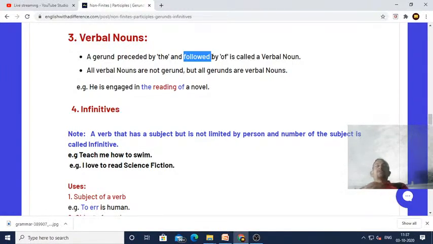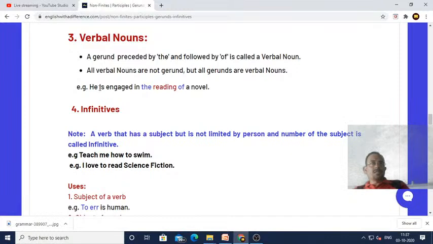And what is the structure of the verbal noun? You see, he is engaged in the reading of a novel. Reading is preceded by the and reading is followed by of. Preceded by is the word which goes before reading, and followed by is the word which goes after reading.